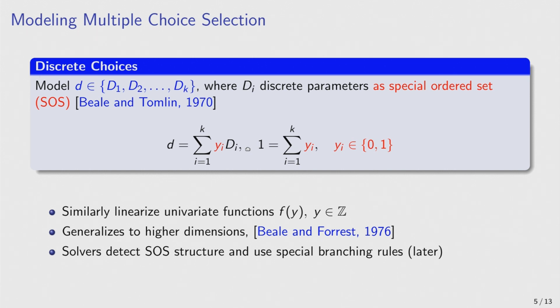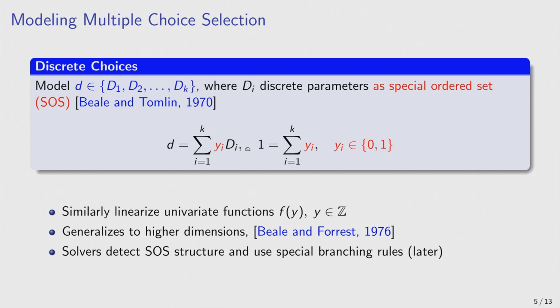So how do we model discrete choices? That's actually very, very easy. And I think many of you have seen that. There is this notion of a special ordered set. In this case, you have a number of binary variables, and you have one binary variable per discrete choice.